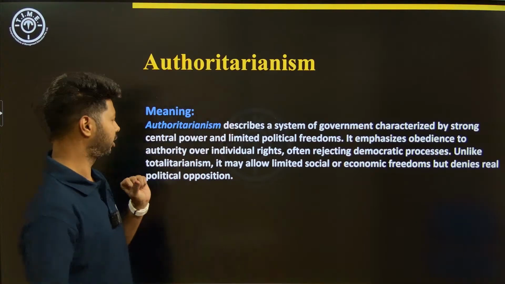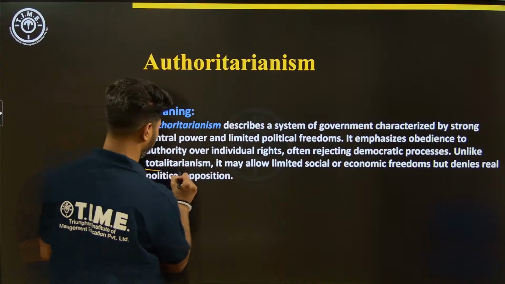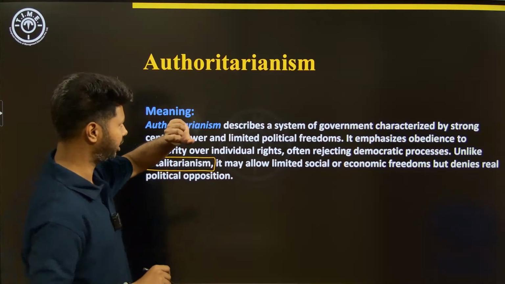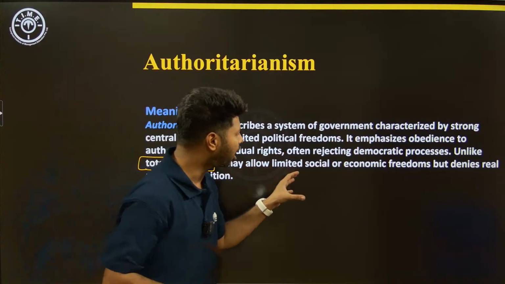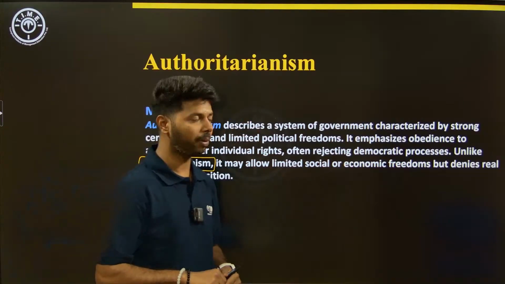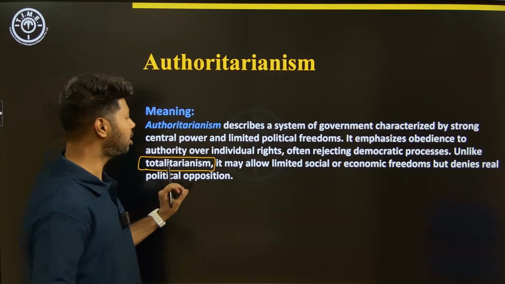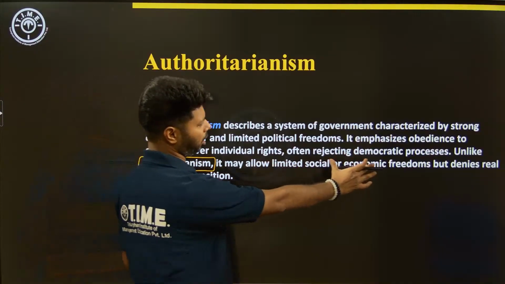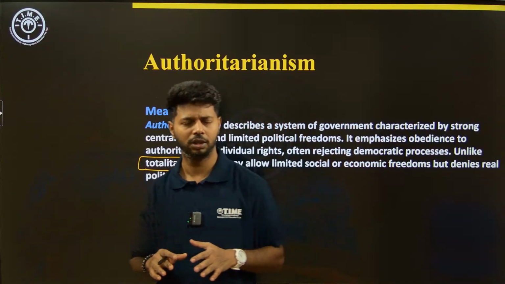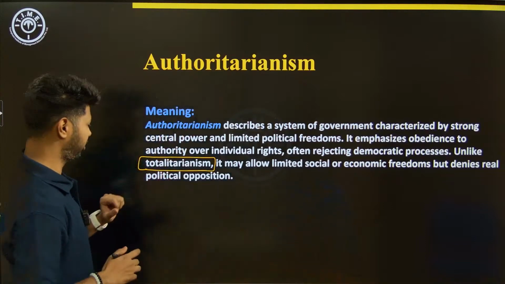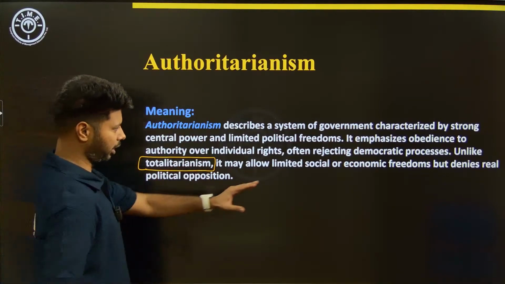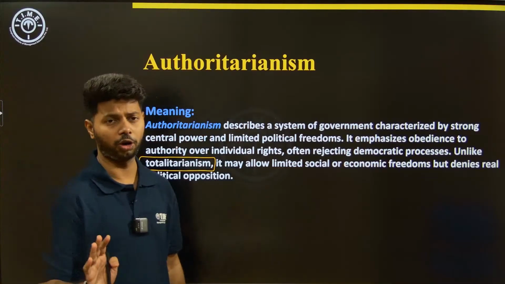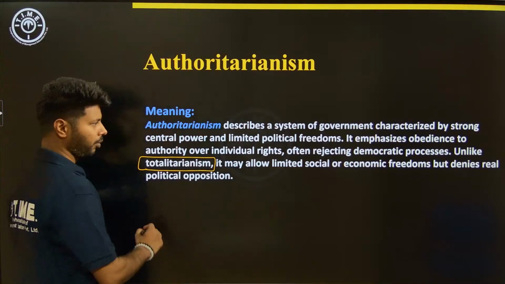Unlike totalitarianism. Now, this is a different word. So, unlike totalitarianism, different from totalitarianism, how? It may allow limited social or economic freedoms, but denies real political opposition. So, there are some freedoms that you may still have. In totalitarianism, therefore, we can infer that there is almost no social or economic freedom.